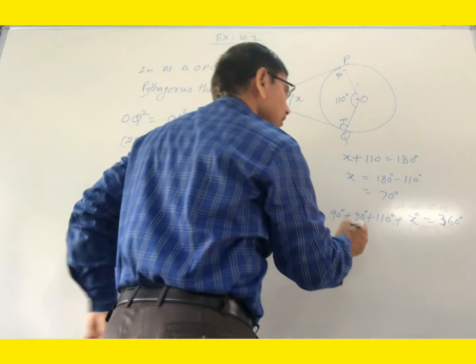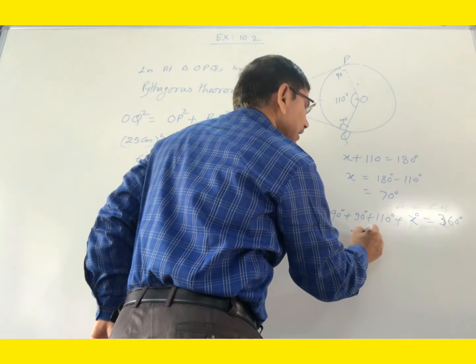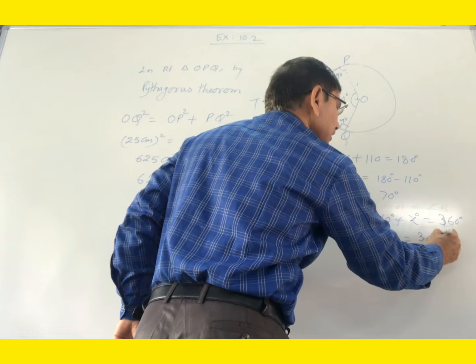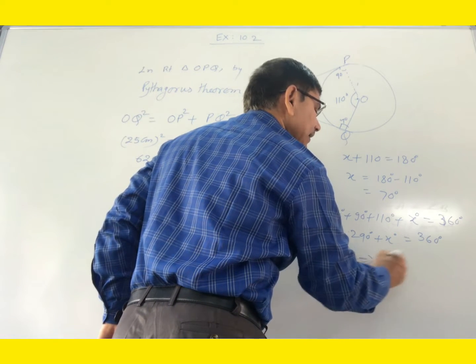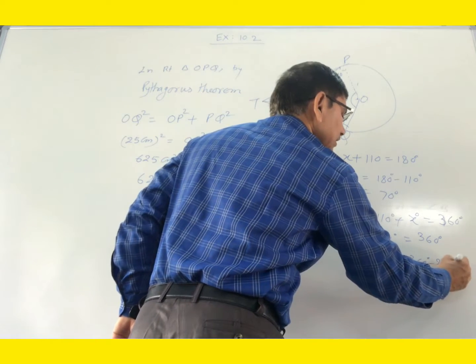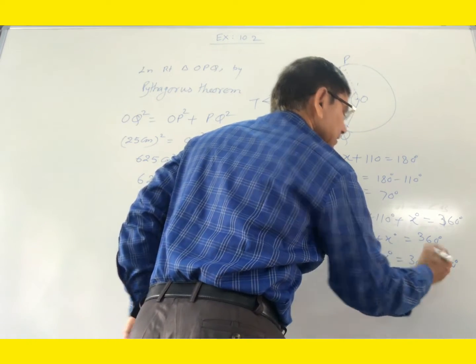So 90 plus 90 is 180, and 180 plus 110 is 290, so that is your total. So 290 degrees plus x degrees equals 360 degrees, and hence 360 degrees minus 290 degrees is again 70 degrees.